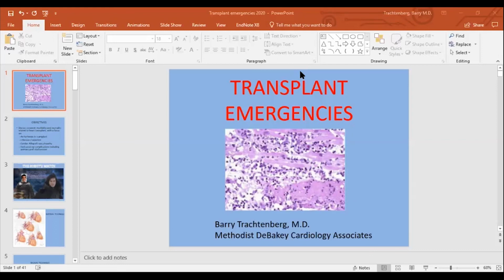Dr. Trachtenberg, I was going to ask, for patients that have primary graft dysfunction, do we ever check non-HLA antibodies to see if it's related to that? The problem with non-HLA, we didn't talk about that. You can have antibodies that are not against HLA. The problem is that those are send-out labs to California, and it takes at least 2-3 weeks to come back.